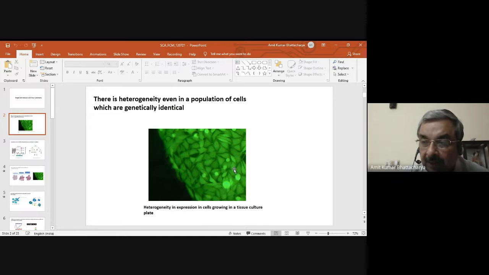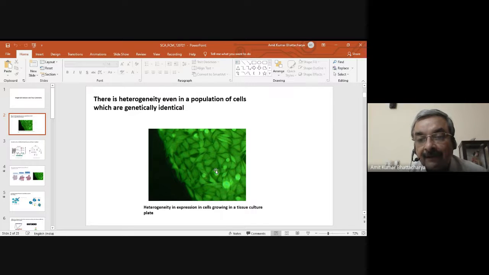And these could be because of changes not at the level of DNA, but changes at the level of, let's say, RNA and protein, which control how much of the gene will be transcribed and therefore how much protein will be made. And probably these controls are because the local environments are different.